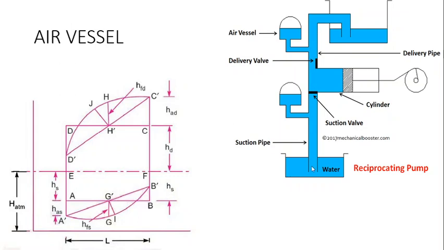Similarly, it supplies water in the first half of the suction stroke and stores water during the second half of the suction stroke. This is done by the compressed air inside the air vessel.